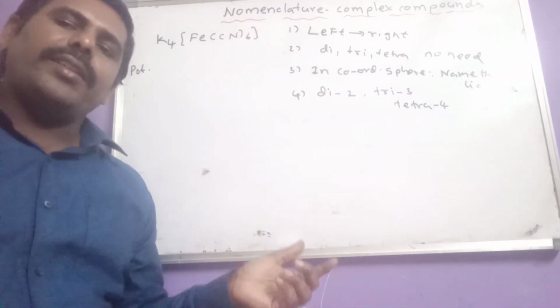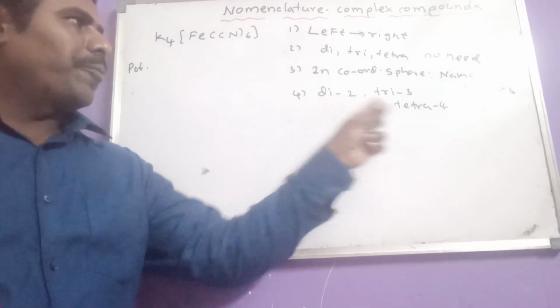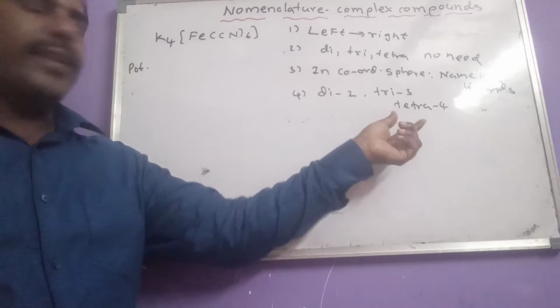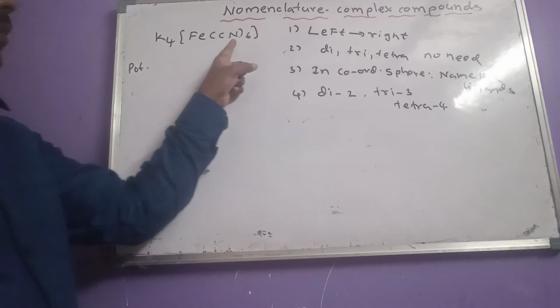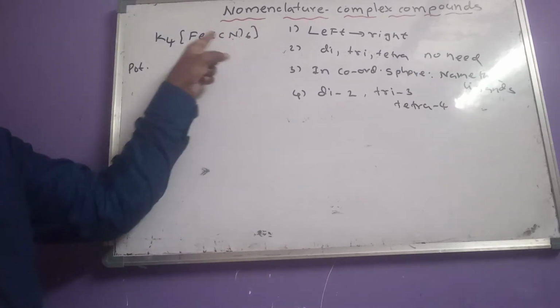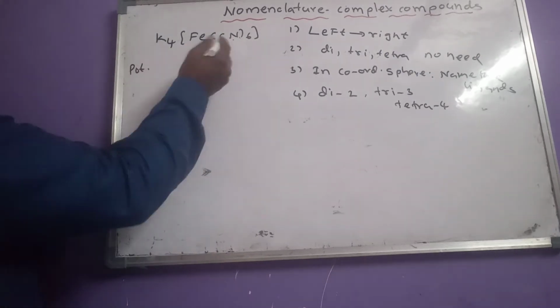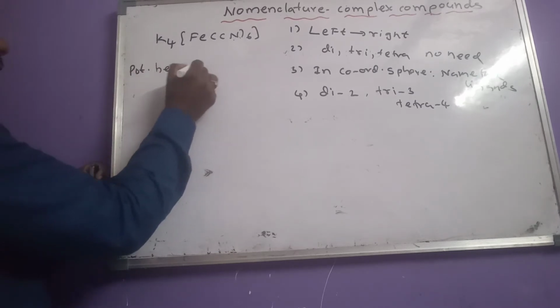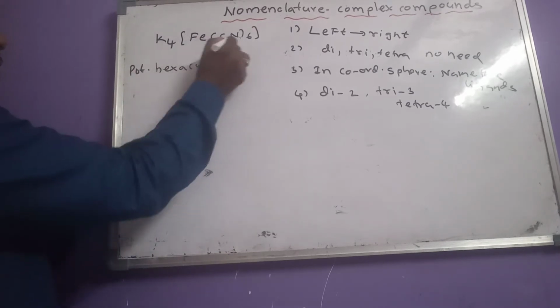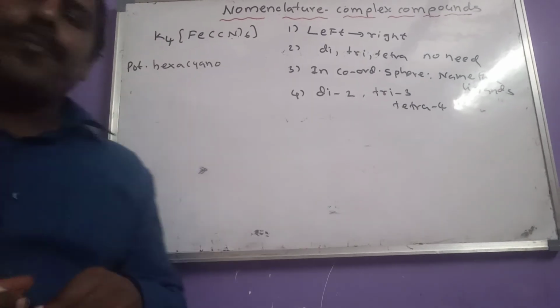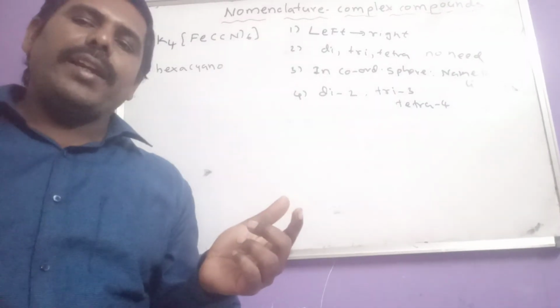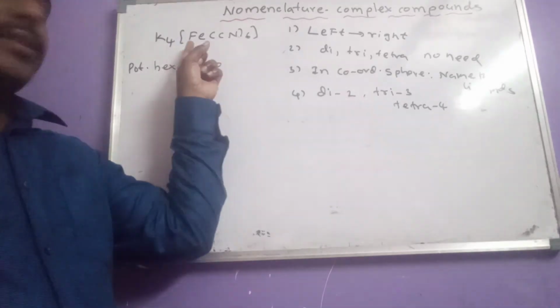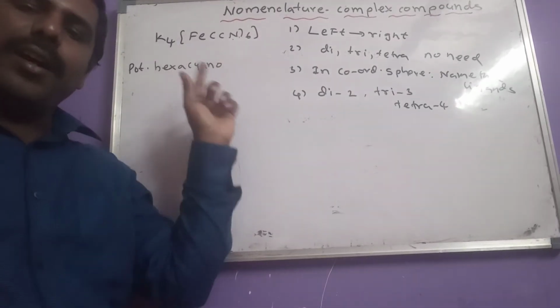We have to pronounce like that, di, tri, tetra. So here six cyanide ligands are there. That means we have to name it as potassium hexacyano.